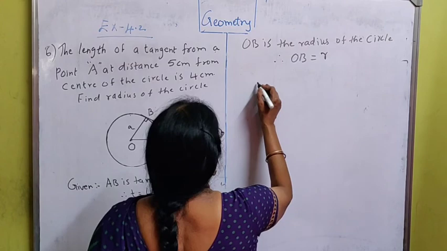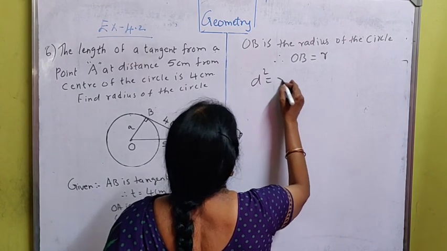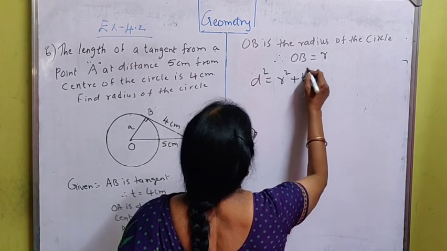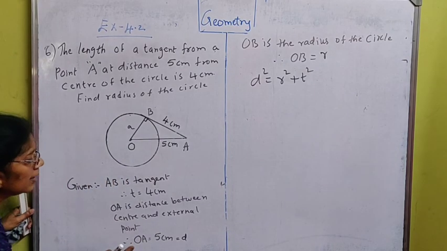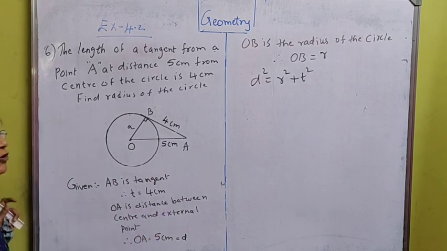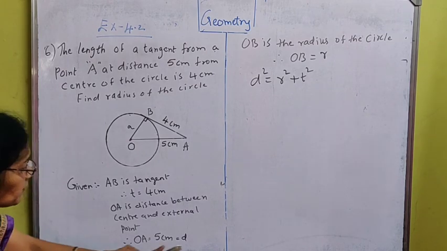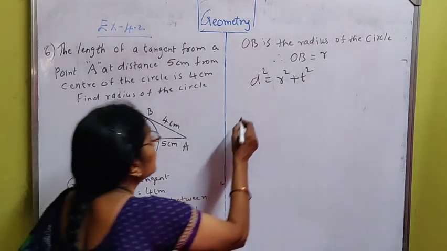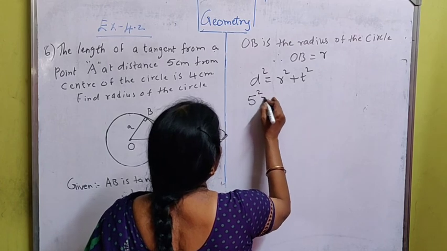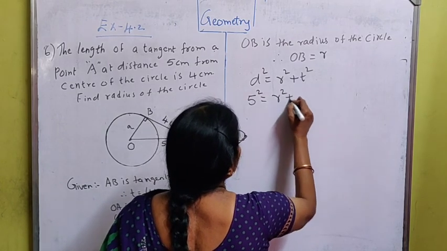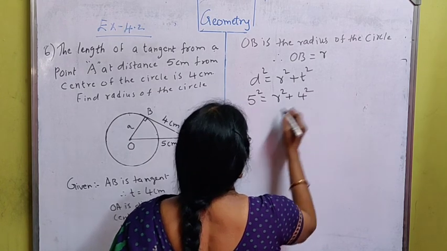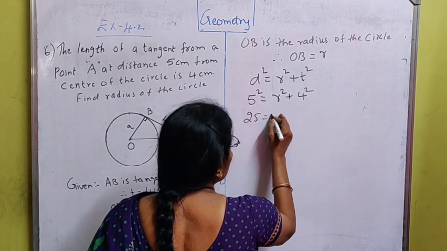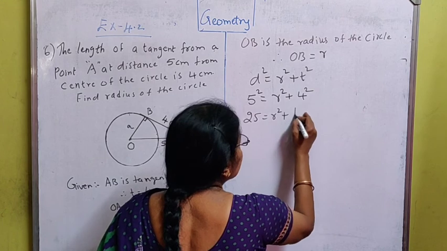D value we know, T value we know, we have to find out R. So let us substitute: 5 square is equal to R square plus 4 square. So 25 is equal to R square plus 16.